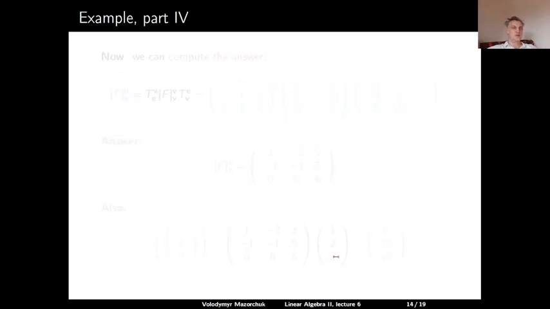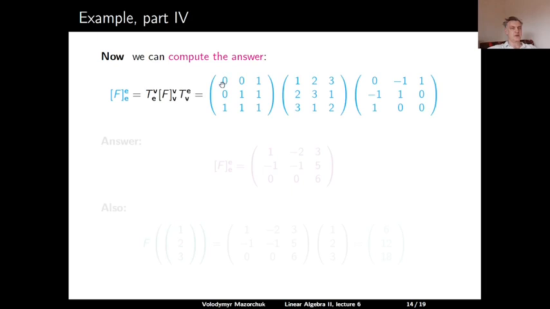So now we can use the base change formula to compute that the matrix of our operator F in the standard basis E is equal to the product of the transformation matrix from E to V times the matrix of F with respect to V times the transformation matrix from V to E. So this is a product of the matrices 0, 0, 1, 0, 1, 1, 1, 1, 1, which was the transformation matrix from E to V. Next we have the matrix of F in V. By the formulation this was 1, 2, 3, 2, 3, 1, 3, 1, 2.